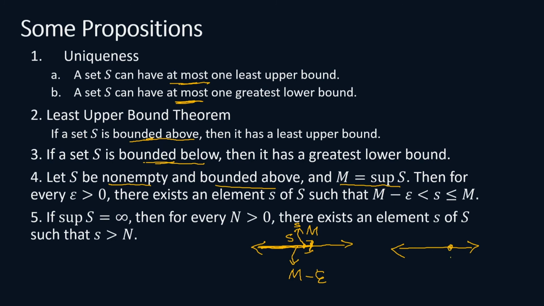And then if we identify a number n for every positive n, then we can identify an element of this set which is greater than that particular positive value n. And we can always identify an element of the set which is greater than any positive number.